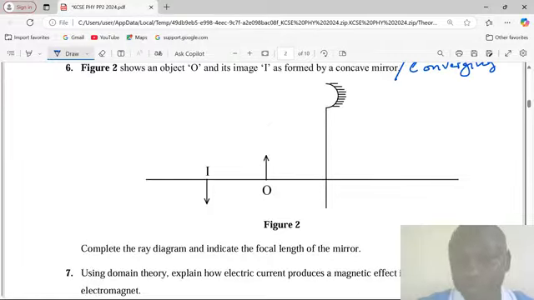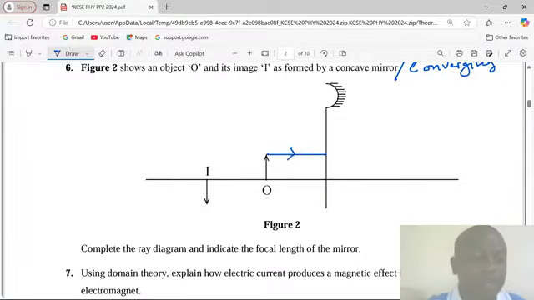In other words, from the tip of the object, how do rays behave once they hit the mirror? One of the major rays is a ray close and parallel to the principal axis.